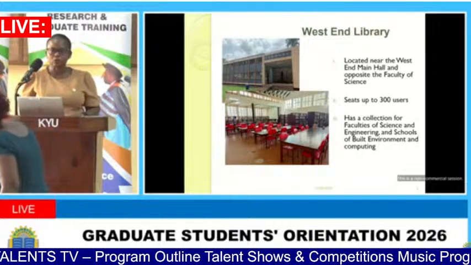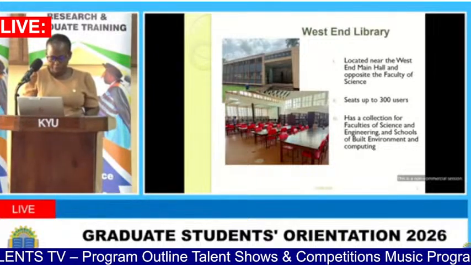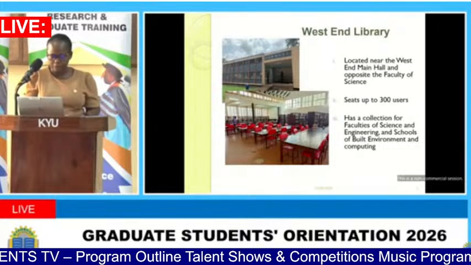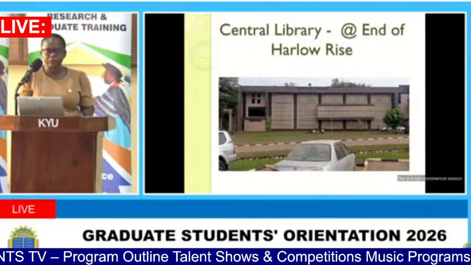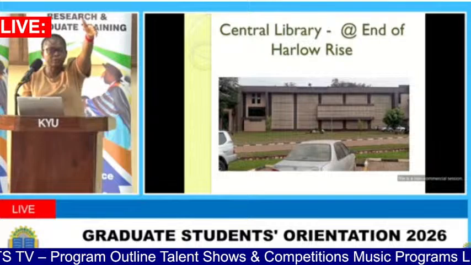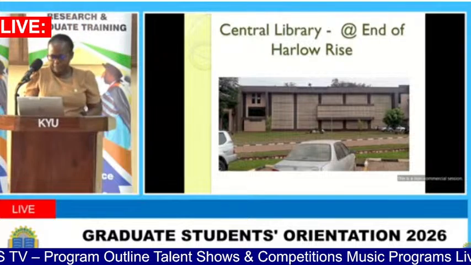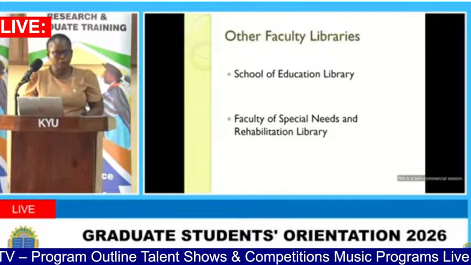But it's also open to all students. It's not only for these categories from the faculties listed here. And now we have our central library, which is like the main library. It's at the end of Hello Rise, which is up there. And we have other libraries, the School of Education Library.